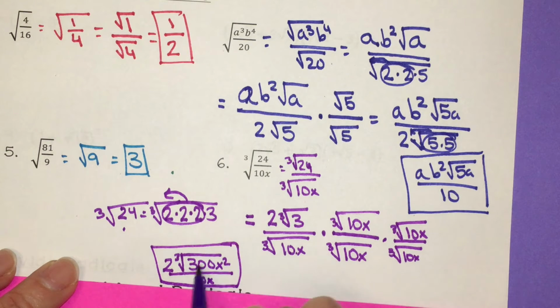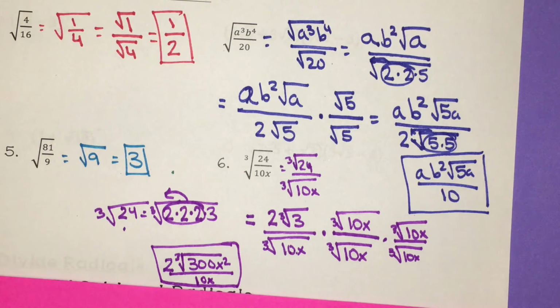And I know I can't reduce the 300 because we have 3 times 2 times 5 times 2 times 5, so there's nothing multiplied by itself 3 times.